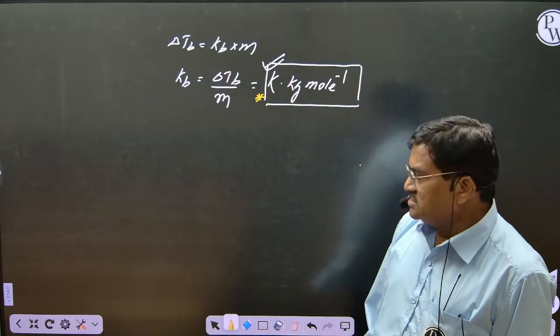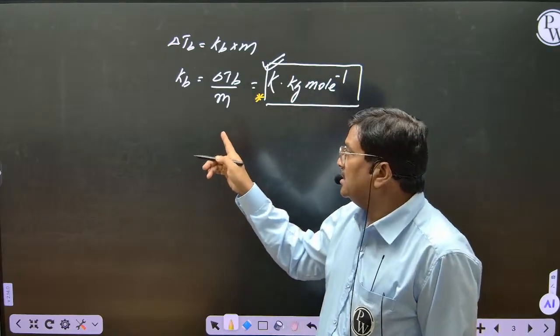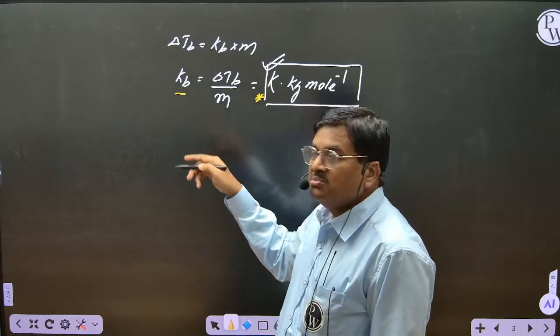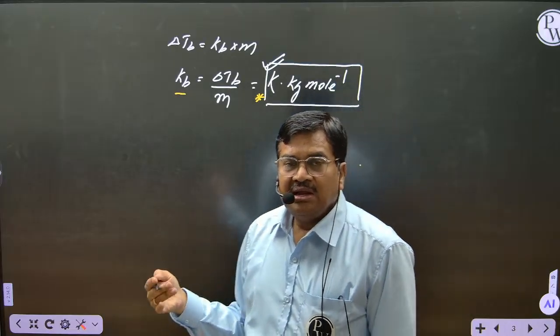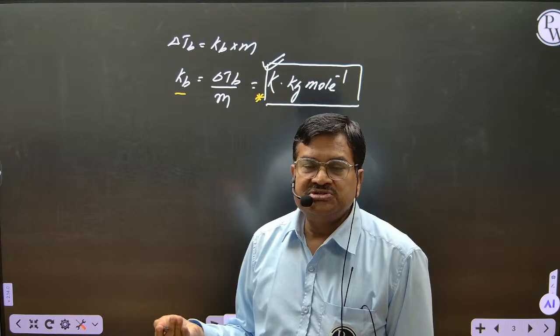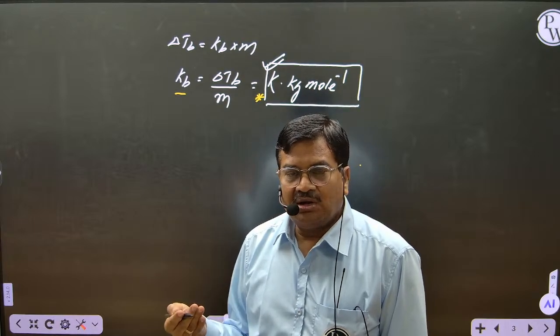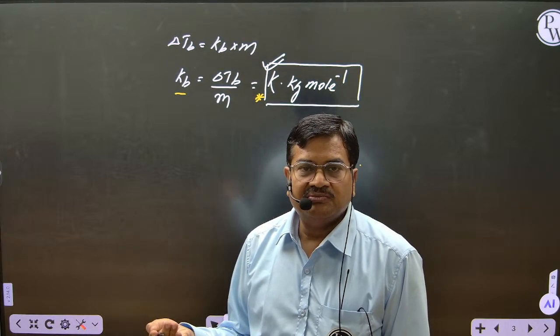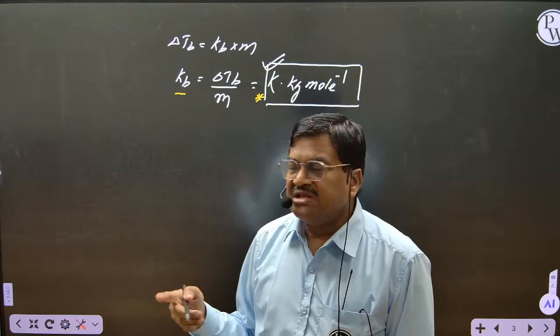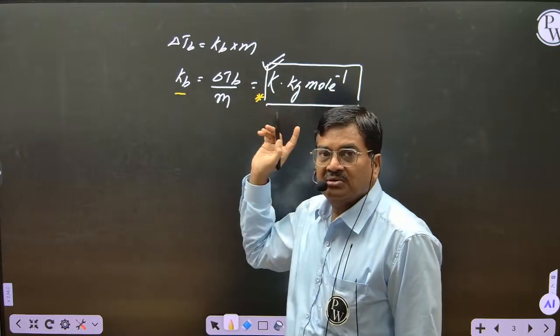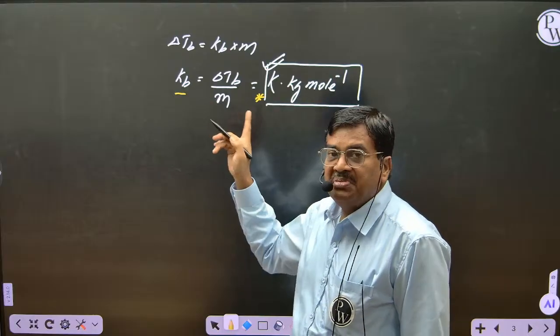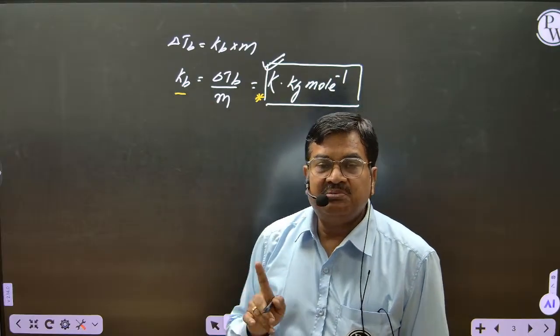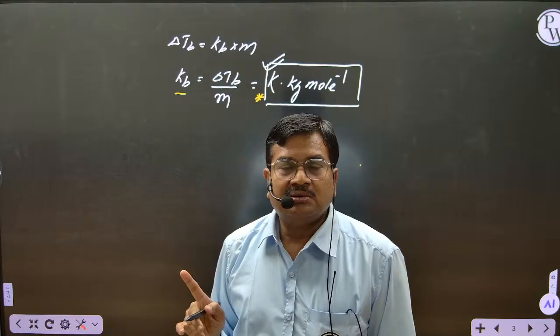Right. Now see one important point here. This Kb, which we are calling ebullioscopic constant, will vary from solvent to solvent. That means if I am taking water, water will have one Kb value. If I am taking benzene, benzene will have a particular Kb value. That means the Kb value depends only on the nature of solvent but not on the nature of solute.